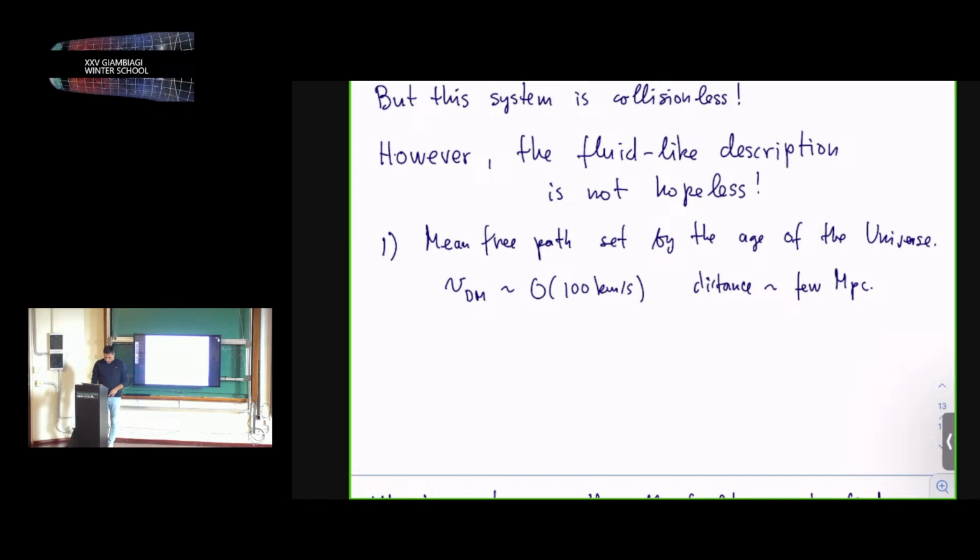And the property number 2, which is different than the usual collisionless system that you may imagine, like some particles in a box, is that the dark matter forms halos. So it's not true that dark matter particles just come together and go through each other. They virialize, they form dark matter halos, and somehow effectively this glues them together.